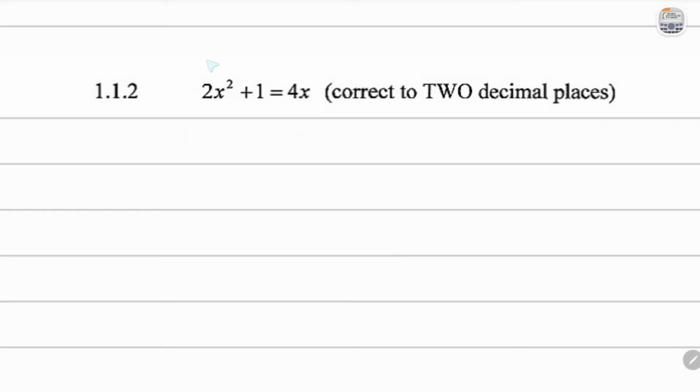The standard format is ax squared plus bx plus c is equal to 0. From that, you can see that one side of this equation is not equal to 0, so we're going to have to take the 4x over to make sure that this is in its standard form. So we're going to have 2x squared minus 4x plus 1 is equal to 0.